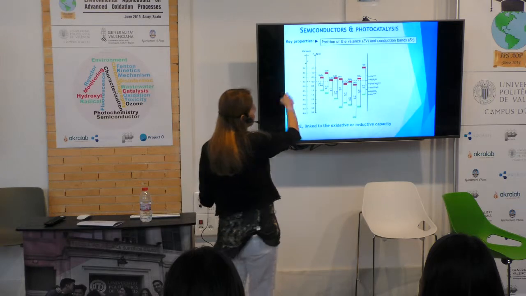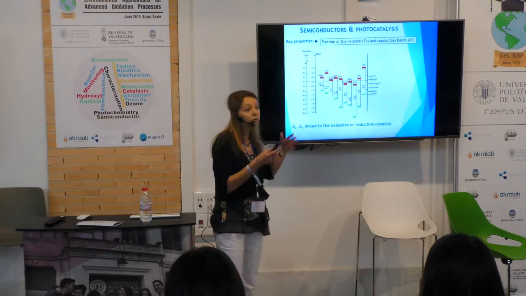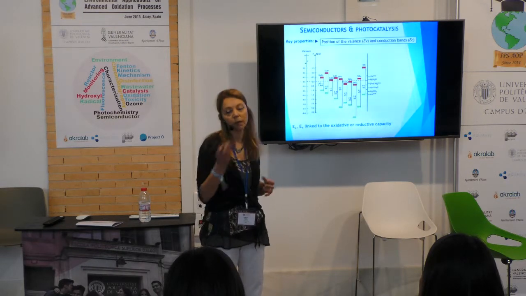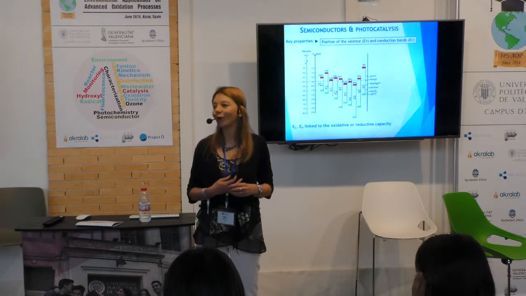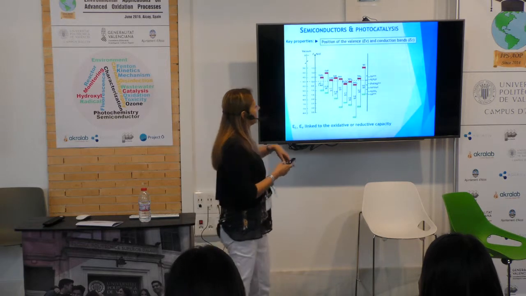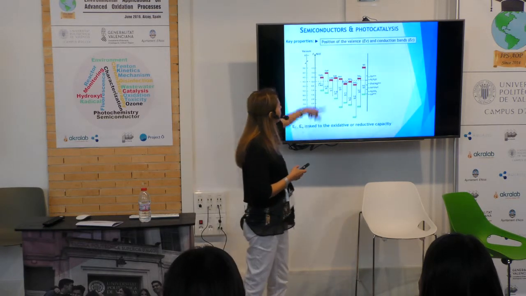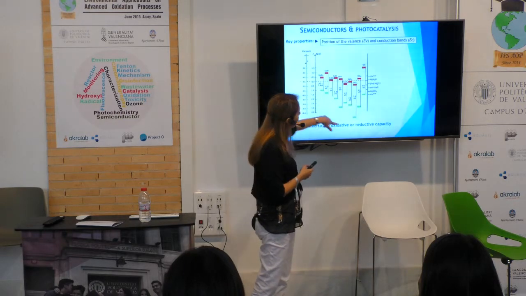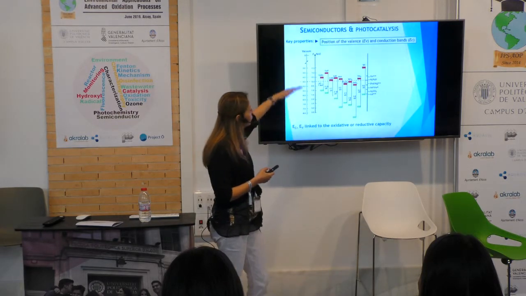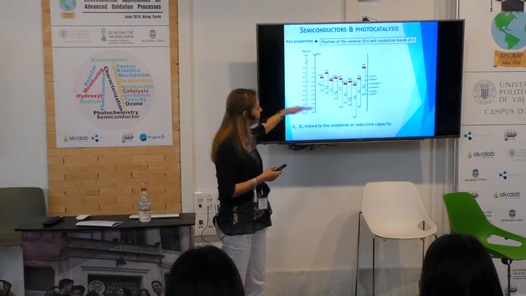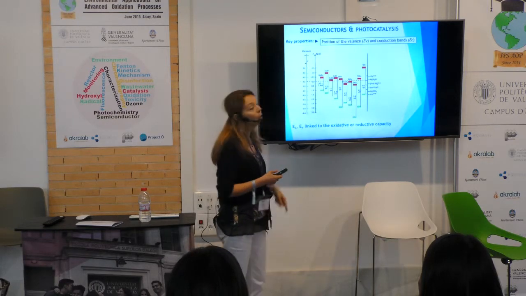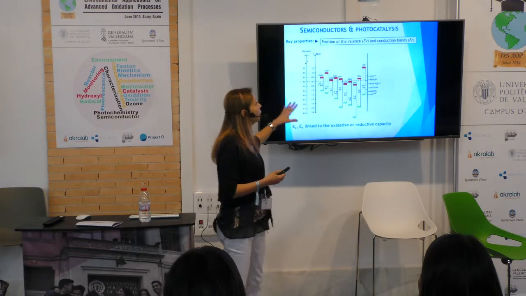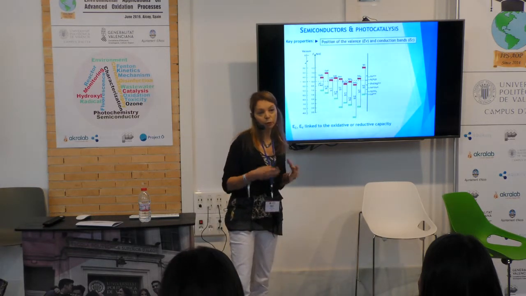If we consider some of these semiconductors that have been widely used since the birth of photocatalysis, we can see that if we look at the energy position relative to the valence band, we have a lot of semiconductors that present this band at a very high potential, and so we can favorably use photocatalysis to obtain oxidation processes.